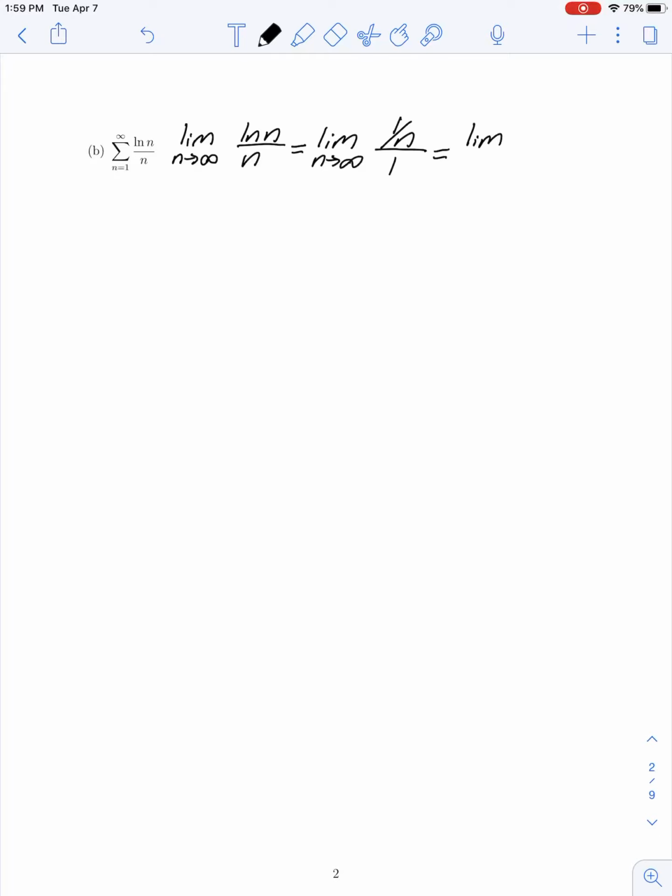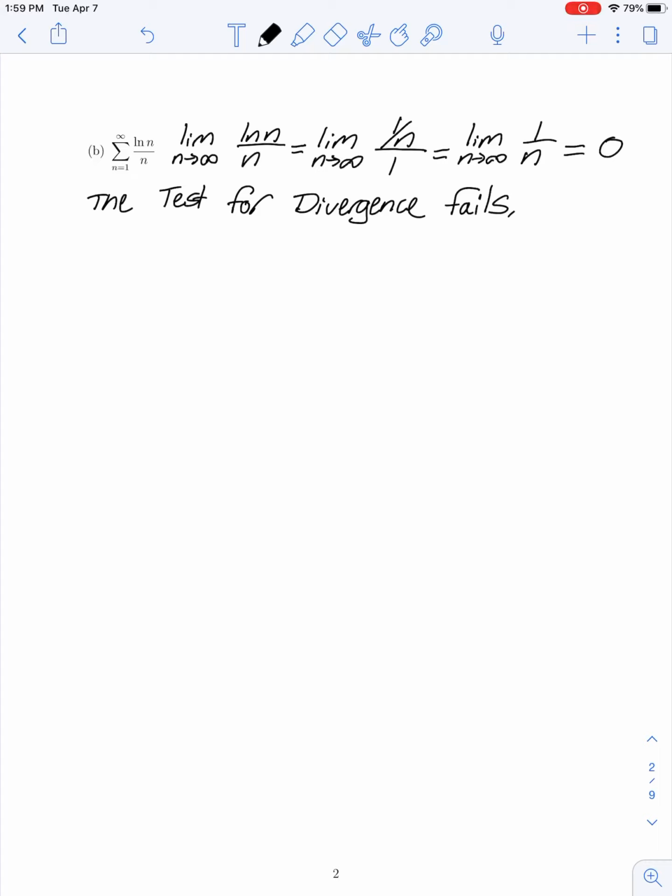So we have the limit as n approaches infinity of 1 over n, which is 0. So here we had a 0 limit for this limiting value, which means the test for divergence fails.